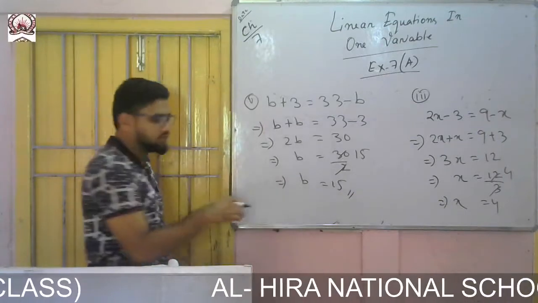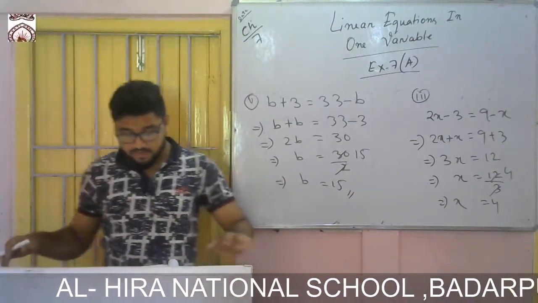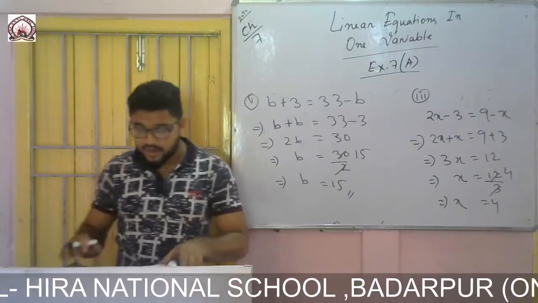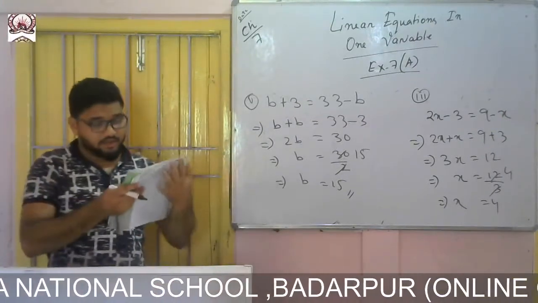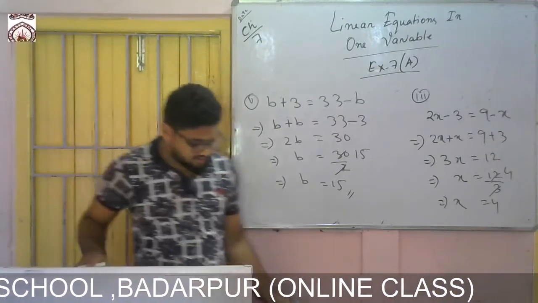Okay. Now come to question number 7. 1.9x plus 3.6 equals 2.5x plus 3.